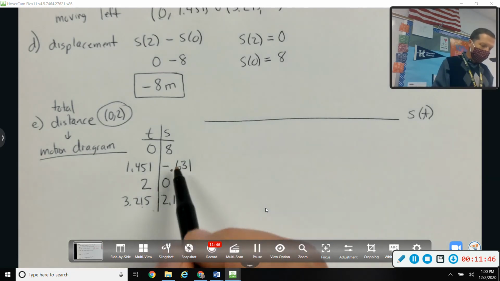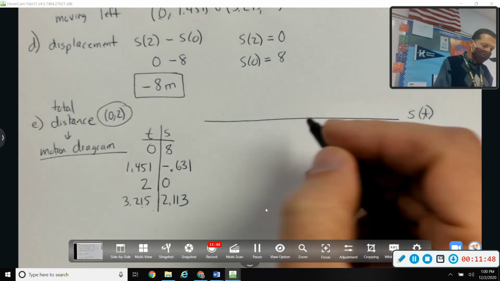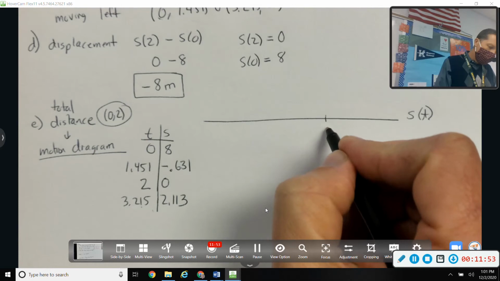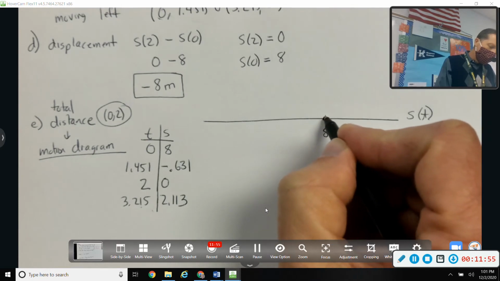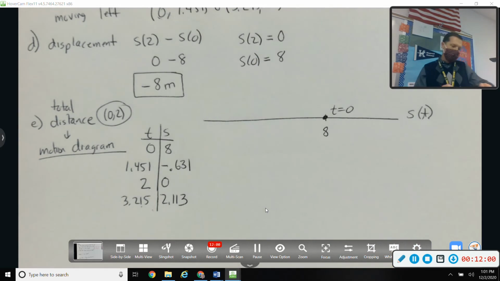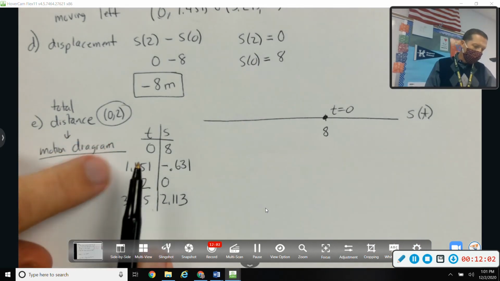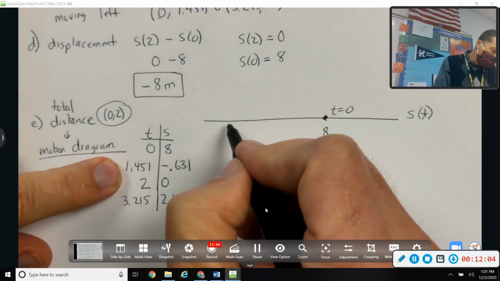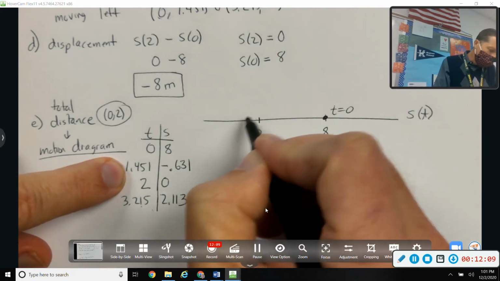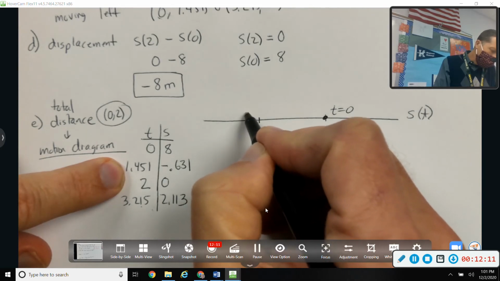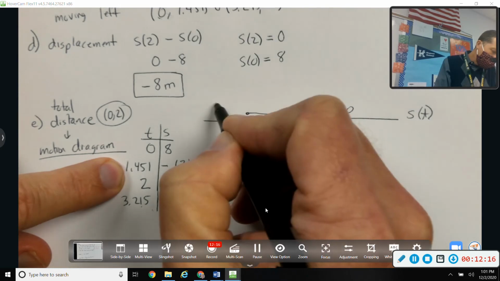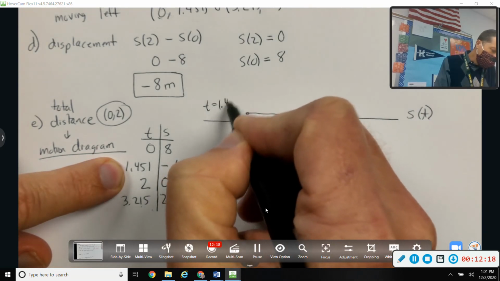So we need to translate these points into a picture. We're going to start at 8. So there's our starting point, t equals 0. When t is 1.451, we're back here. Let's say that's 0, but we go past 0 to negative 0.6 at t equals 1.451.